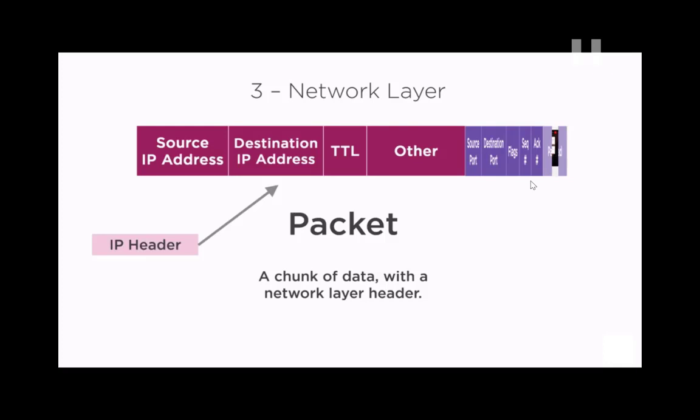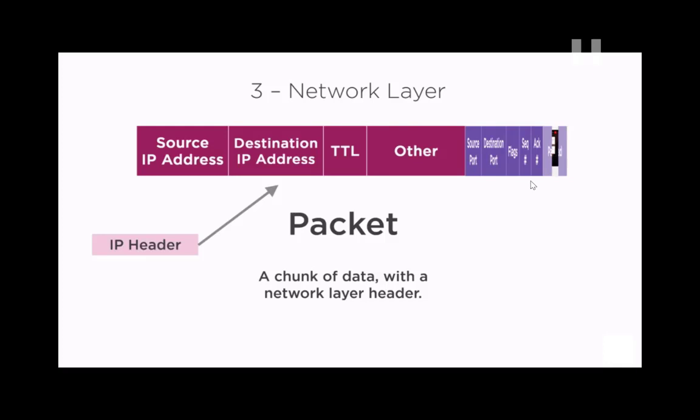So in layer 3 we add the IP header. The IP header is nothing but an IP address. I will discuss the IP header in detail in a future video. For the time being, know that when the data is on layer 3, it is called a packet. But when data comes to layer 2, it is called a frame. So in layer 3, data is called a packet: a chunk of data with a network layer header is called a packet, as I described.